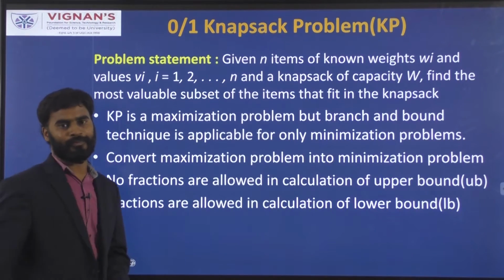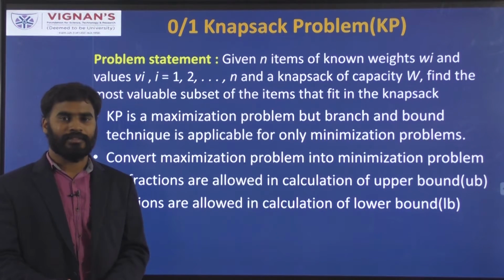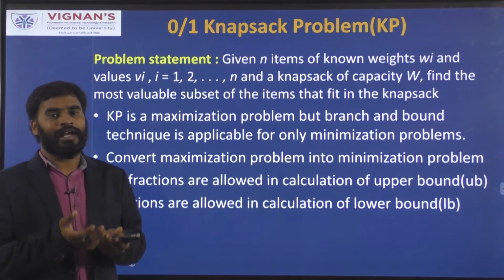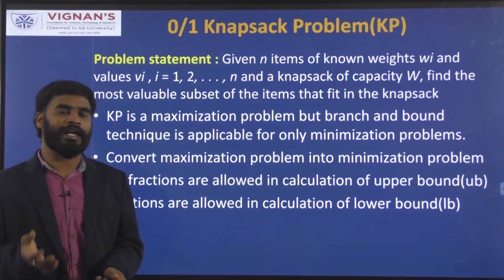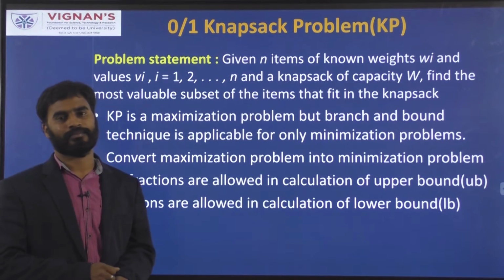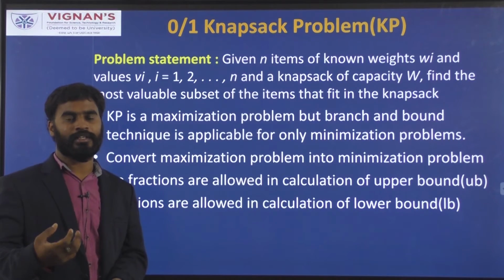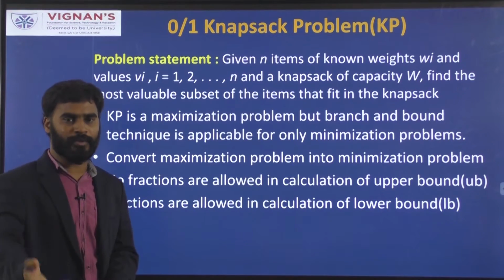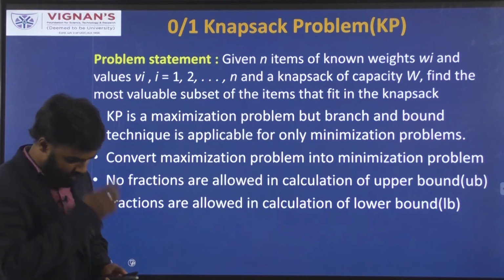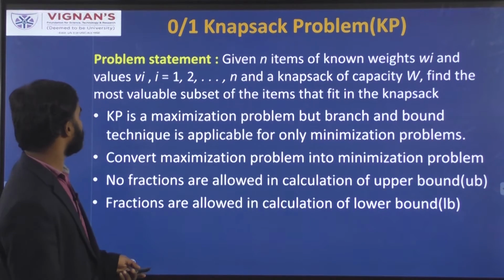Whereas the upper bound is the value of the currently selected items, plus the profit of the remaining weight that is computed with the next available item. We have the formulas in the next slide.